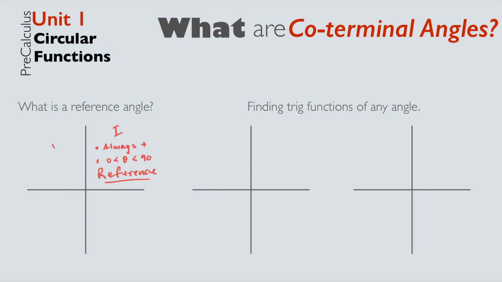So if I were to draw an angle here, let's suppose that this is 120 degrees. Then what would its reference angle be? The simple fact is the reference angle is nothing more than the angular distance down to the horizontal or up to the horizontal. We know that the angle itself in this problem is 180 degrees, all the way down to the horizontal.